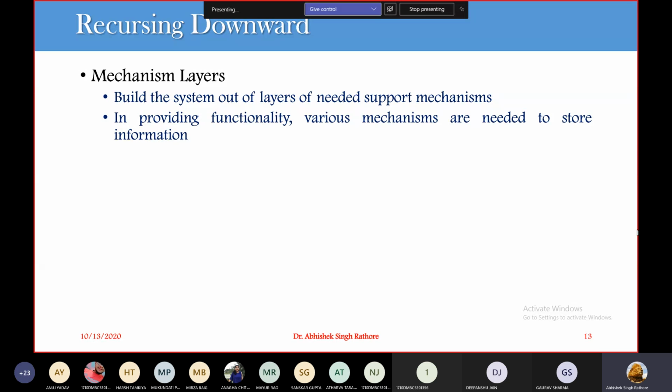That requirement makes some changes in your application, so your system design now shifts to work on these mechanism layers. So we have different ways: either we can go for functionality or we can go for a particular mechanism.